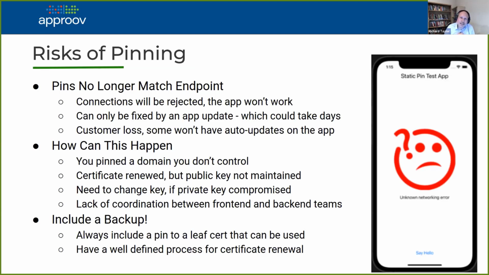So don't pin to an API endpoint where you're not controlling the server, or you're not controlling whoever is responsible for rotating the certificates, because they at any point can change their certificate chain, and your app is no longer going to work. If you have auto renewal on certificates on the endpoint, then you really want to make sure the public key is maintained to save you having to change the pins.